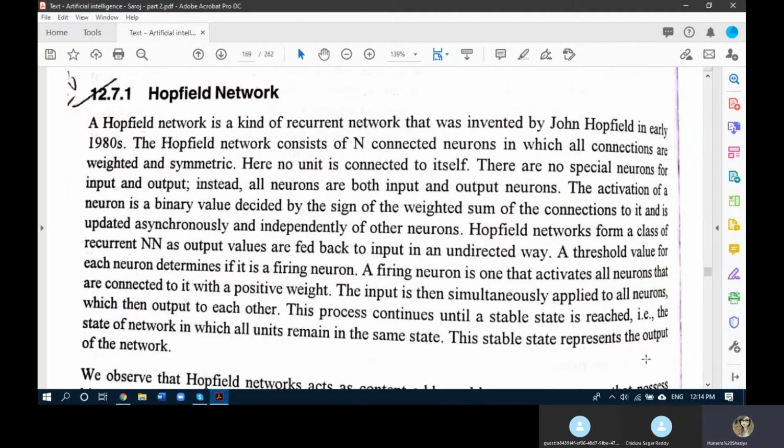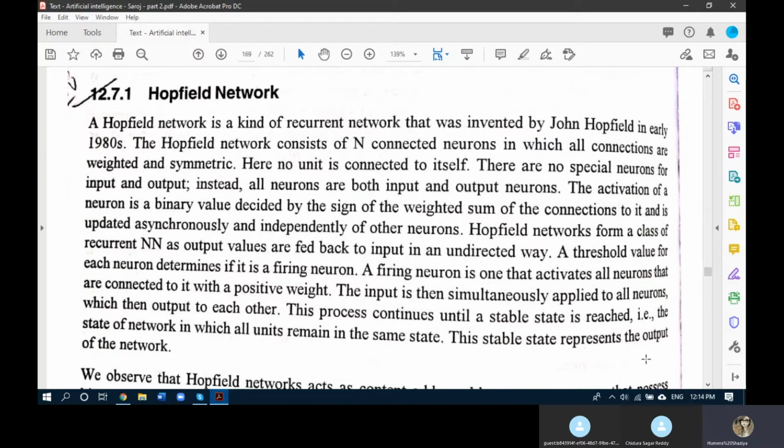And the activation of a neuron is a binary value decided by the sign of the weighted sum of the connections to it, and it is updated asynchronously and independently. Hopfield networks are a kind of recurrent neural network, and their output values are fed back to input in an undirected way.